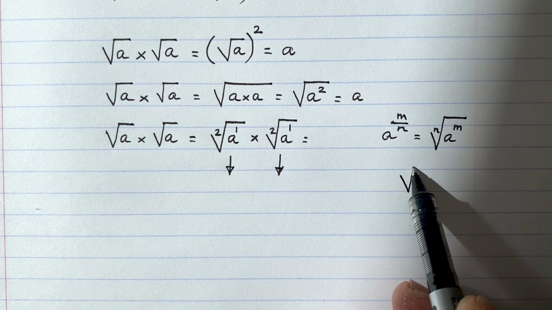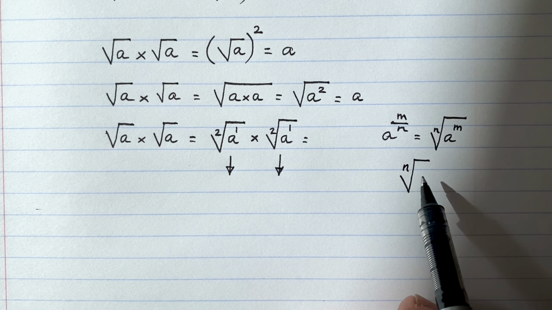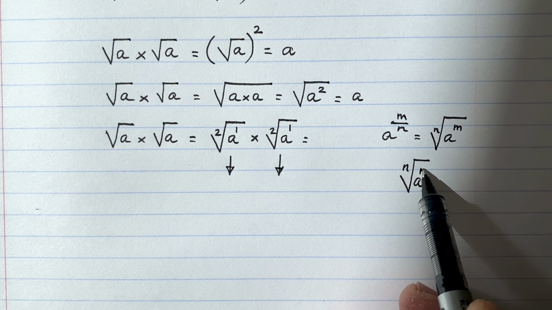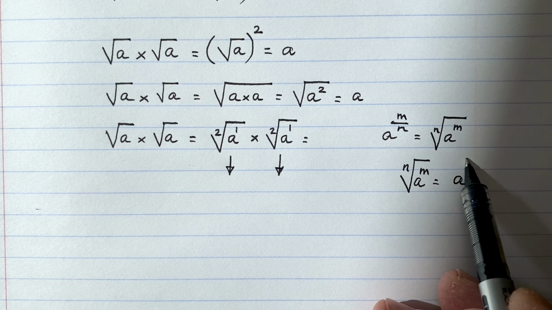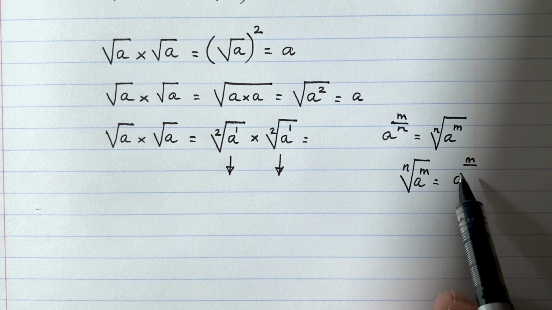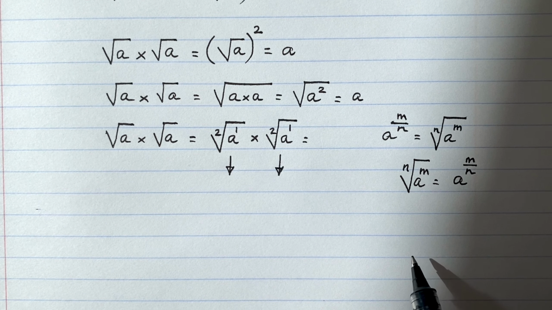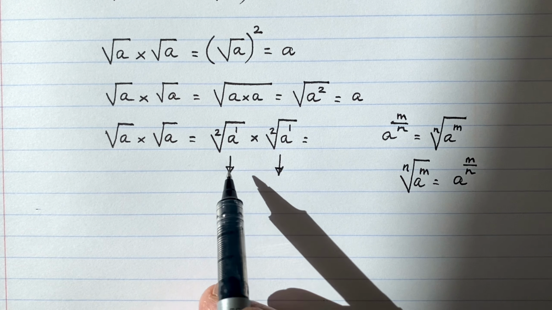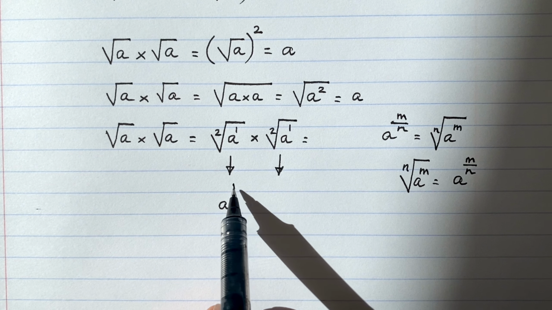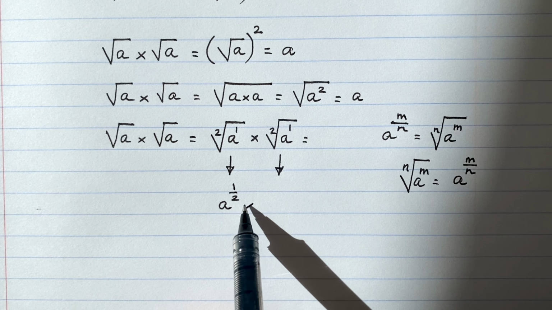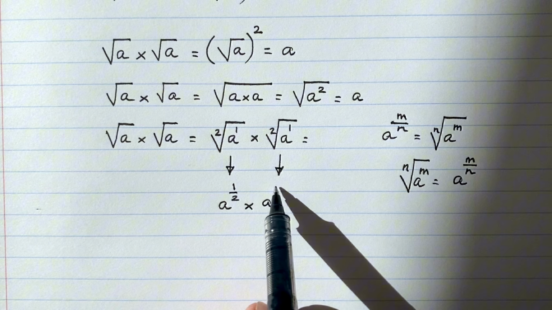So if I have got the nth root of a to the power of m, I can write this as a, m as the top power, and n as the denominator of that fraction. So I'm going to do that here. So that can be written as a to the power of 1 over 2 times a to the power of 1 over 2.